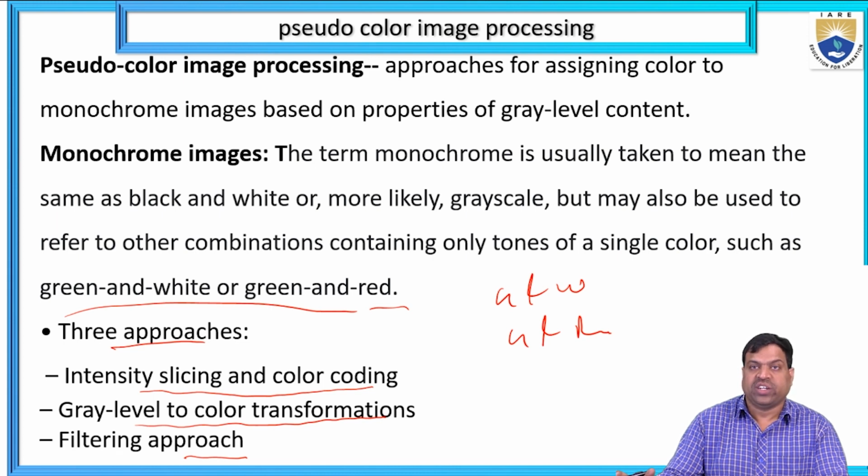It is possible to change the intensity levels, depending on the monochrome image. Monochrome usually means black and white, more likely grayscale, but may also refer to combinations of a single color such as green and white, green and red. What are the three approaches? Intensity slicing and color coding, gray level to color transformation, and filtering approaches.